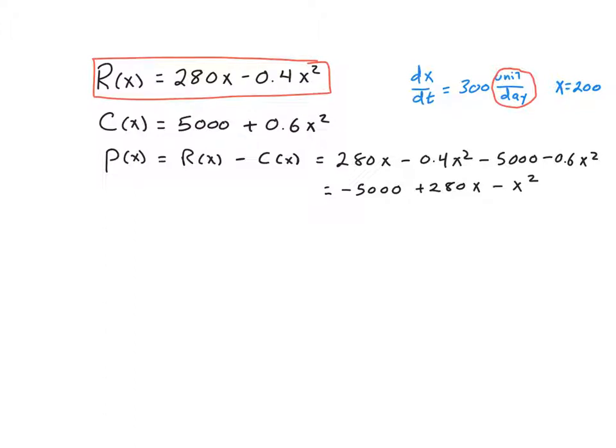Okay, so I want to find the rate of change of revenue with respect to time. So dR/dt, and that would be the derivative with respect to time of the left-hand side of the revenue equation. So if I differentiate the right-hand side using implicit differentiation and keeping in mind that x is a function of t, it would be 280 times dx/dt, and then negative 0.4 times 2 times x to the first power times dx/dt.